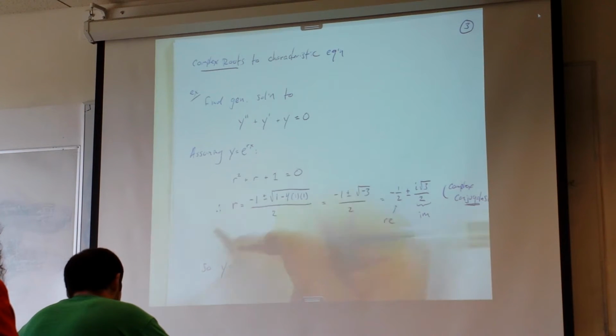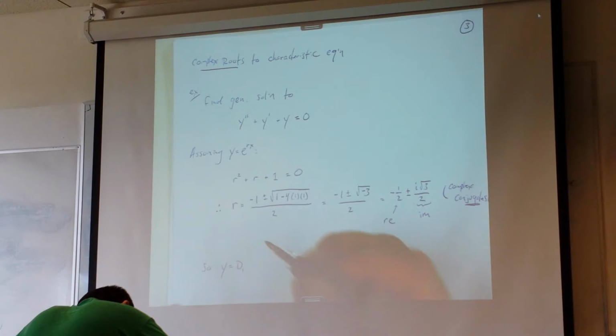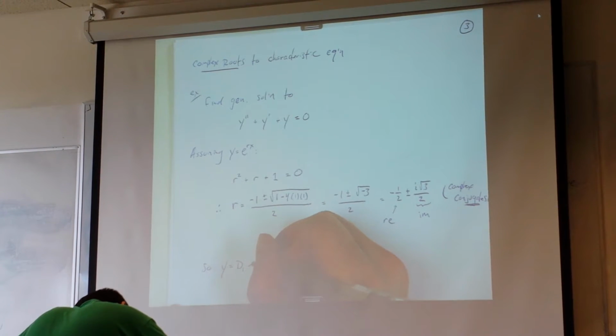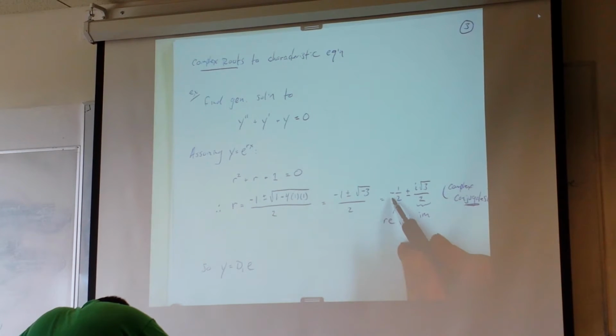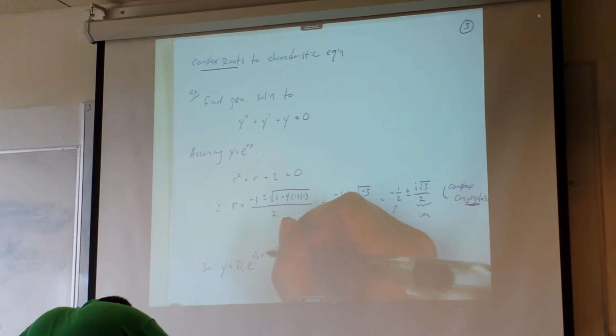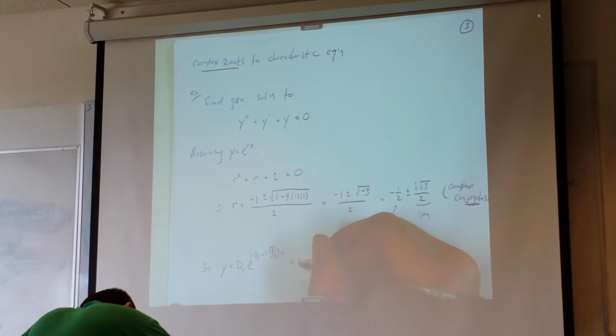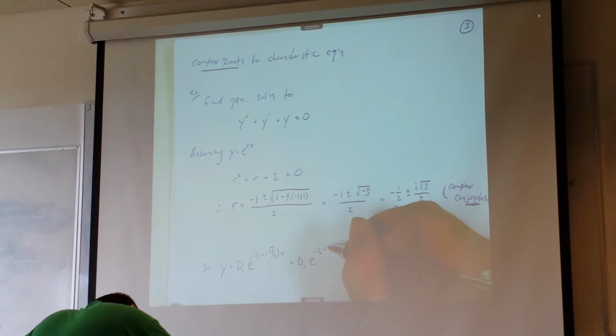So our general solution would be some coefficient d1 times e to the -1/2 plus i root 3 over 2, times x, plus d2 times e to the -1/2 minus i root 3 over 2, times x.